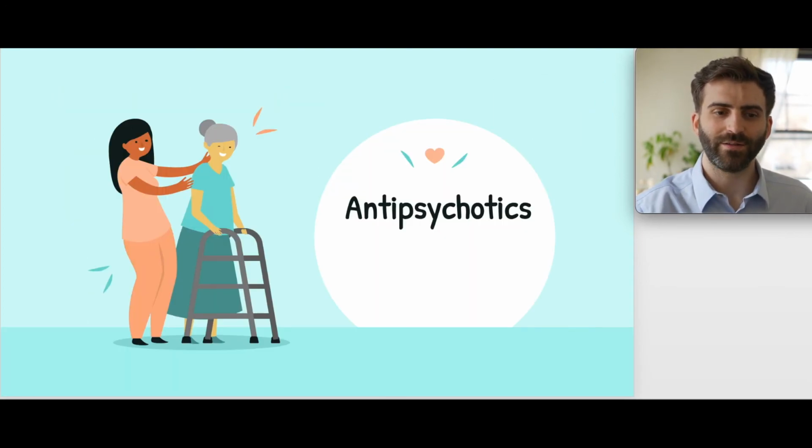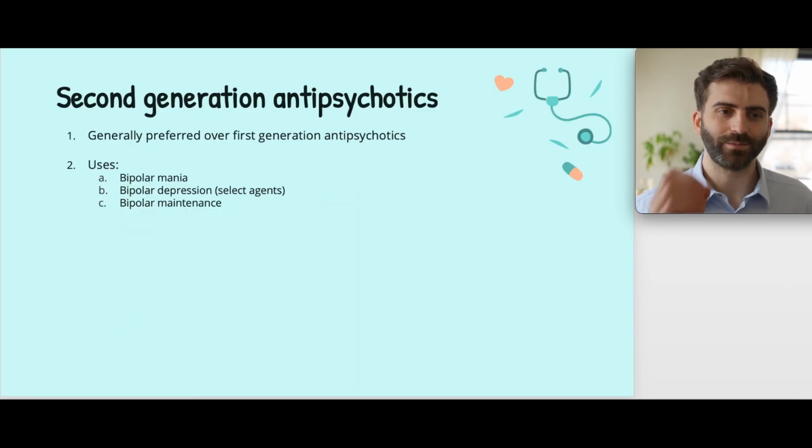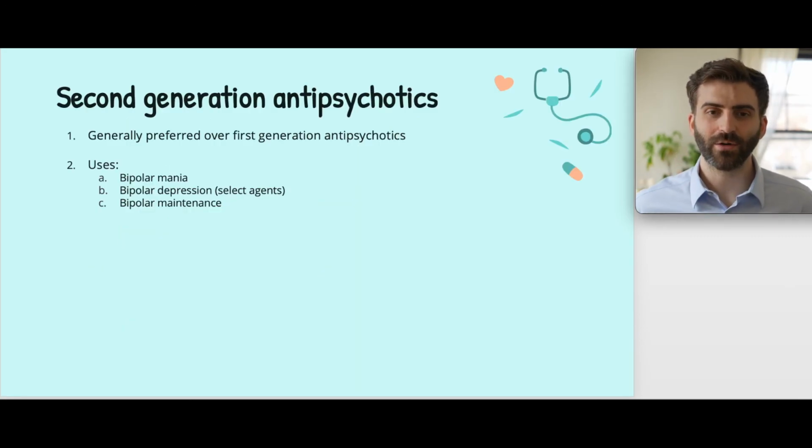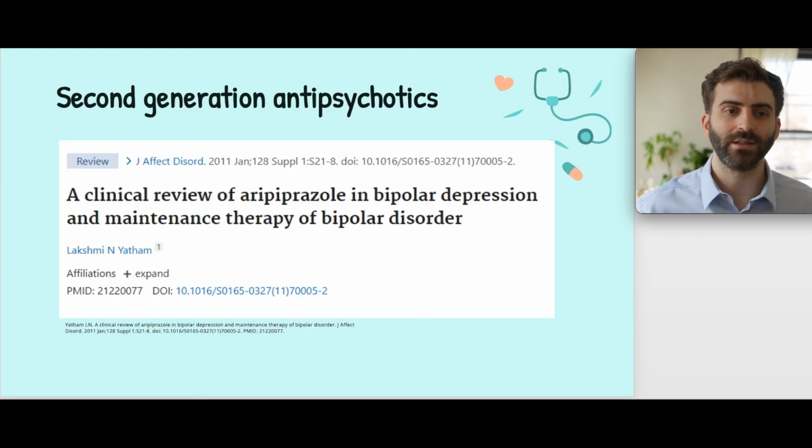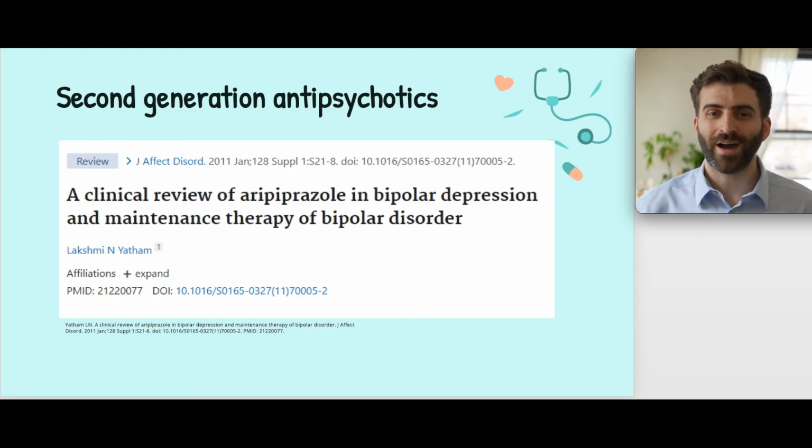Finally, I wanted to highlight a few things about the antipsychotics. So second generation antipsychotics are generally preferred over first generation antipsychotics. You can use many of these for bipolar mania, select agents for bipolar depression, and some of these for bipolar maintenance. The reason why I have highlighted select agents for bipolar depression is that some agents have been shown not to be helpful.